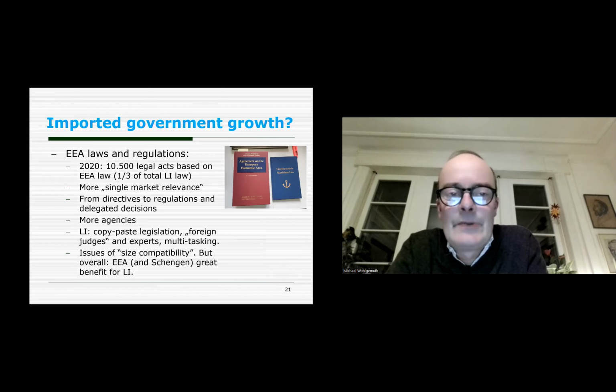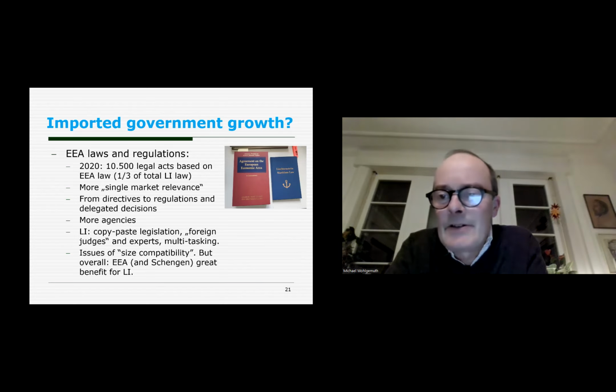Still, then there's an issue that I try to deal with on imported government growth. The membership of the EEA overall is a great benefit for Liechtenstein, but it also reaches perhaps some frontiers, also some limits of state size compatibility. You know, if pretty much every day you have to deal with two new acts of European law, how do you do that?